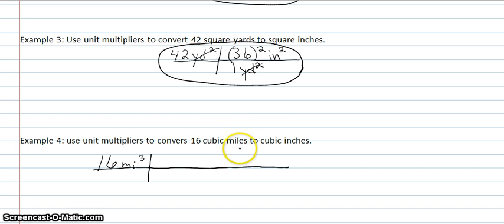I would want to change the miles to feet, and then the feet to inches. So in 1 mile cubed, there's 5,280 feet in just 1 mile, but since it's cubed, I'm going to have to cube my unit. So the miles will cancel, and this will be in feet cubed.